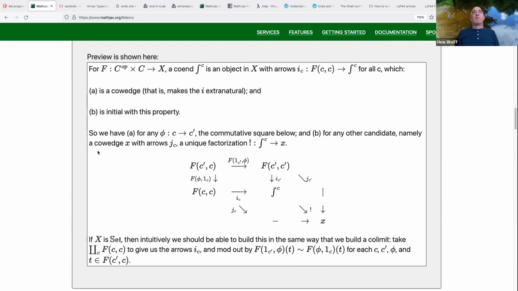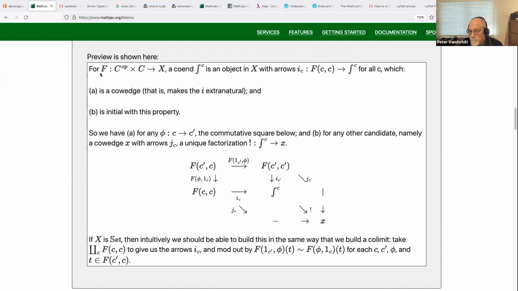Anyway, so this is more or less my attempt to understand the definitions in nLab. A lot of people have said this stuff already, but it just kind of puts it together.